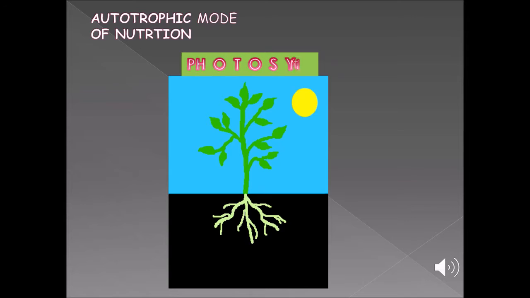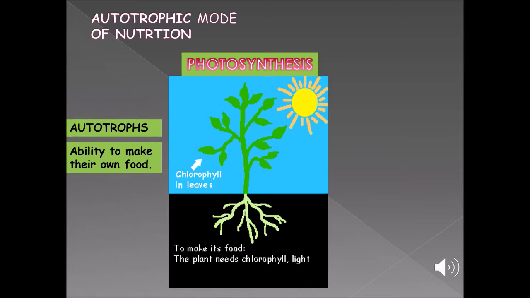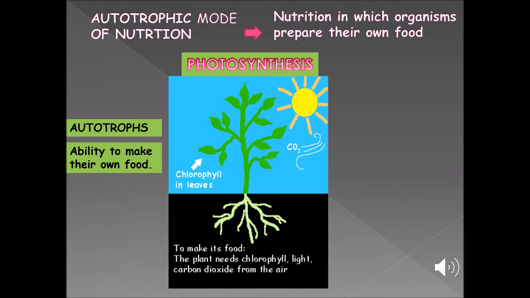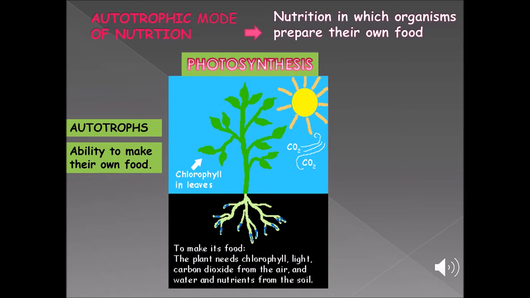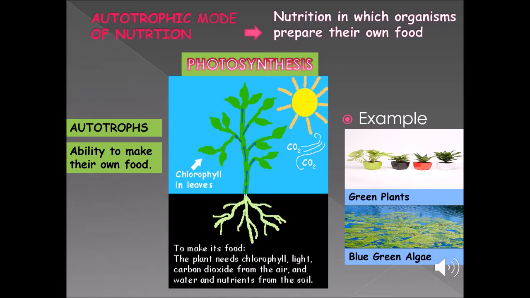This process of synthesizing food is called photosynthesis. So we have observed that green plants have the ability to make their own food. So they are called autotrophs. Nutrition in which organisms prepare their own food is called autotrophic mode of nutrition. Example, green plants, blue-green algae, etc.